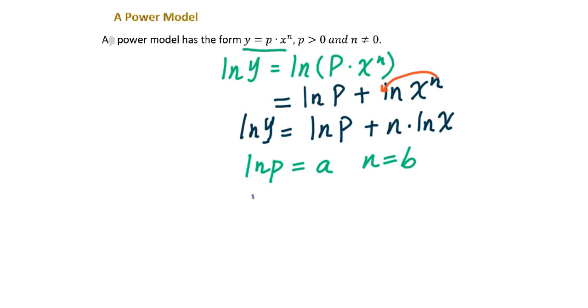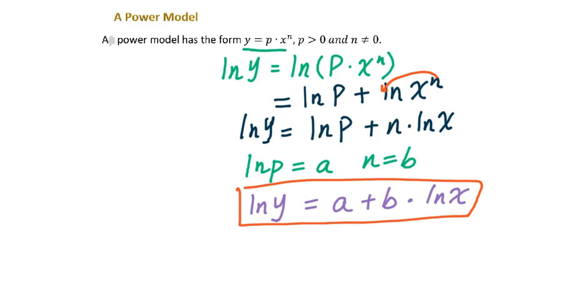Therefore, you will get natural log of y equals a plus b times natural log of x. From this equation, you could see clearly natural log of y and natural log of x have a linear relationship.